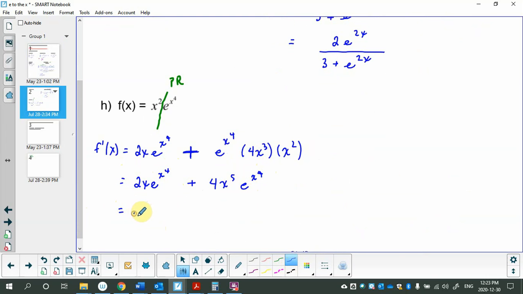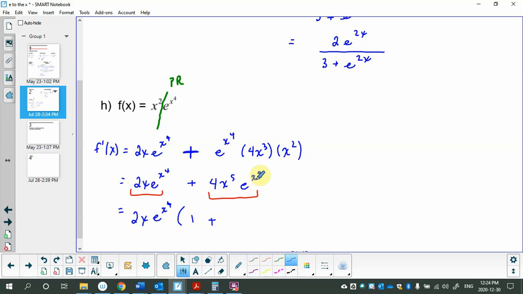So I can take out a 2x e to the x to the 4 from here and here. And I don't know why I put down a square bracket when a round one would have done just fine. So I took all of it out. Need a placeholder 1 plus.